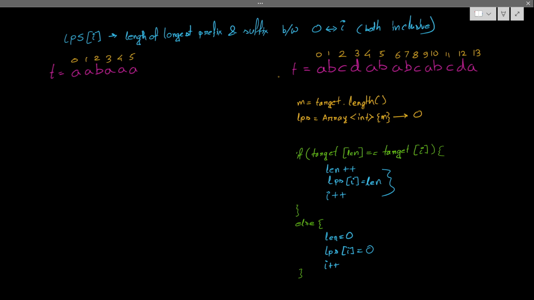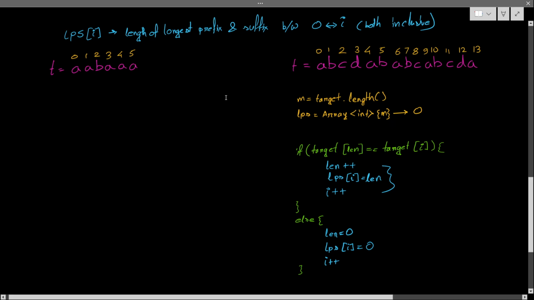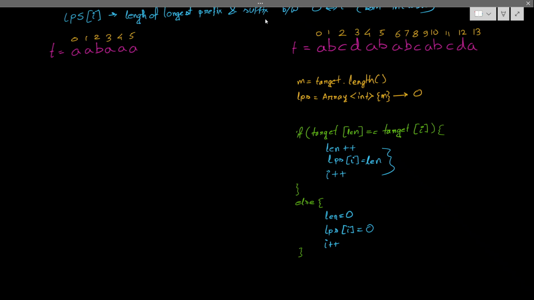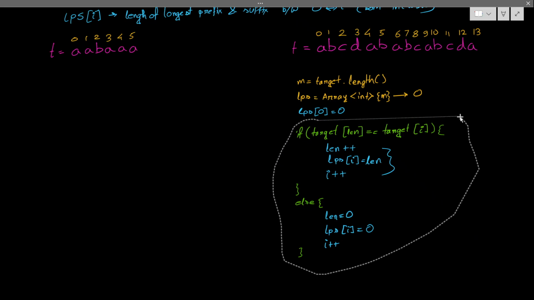And after that, as I told you, I will initialize LPS of 0 to 0, even though it's a kind of redundant state, because I have already initialized everything as 0.